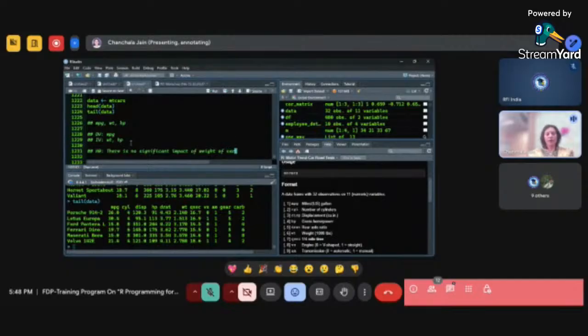So I have written there is no significant impact of weight of car on MPG, miles per gallon of car, only miles per gallon I have written. This is my first null hypothesis.